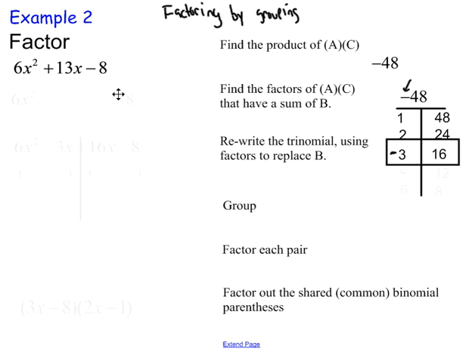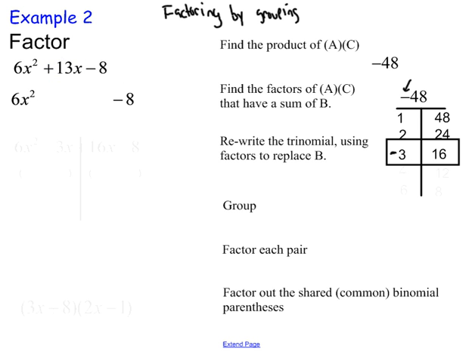Okay, step 3. Rewrite the trinomial using factors to replace B. So essentially, what I want to do is I want to rewrite 6x squared plus 13x minus 8, but I want to replace the B. I want to replace this. So that's why you see I left a big gap over there.